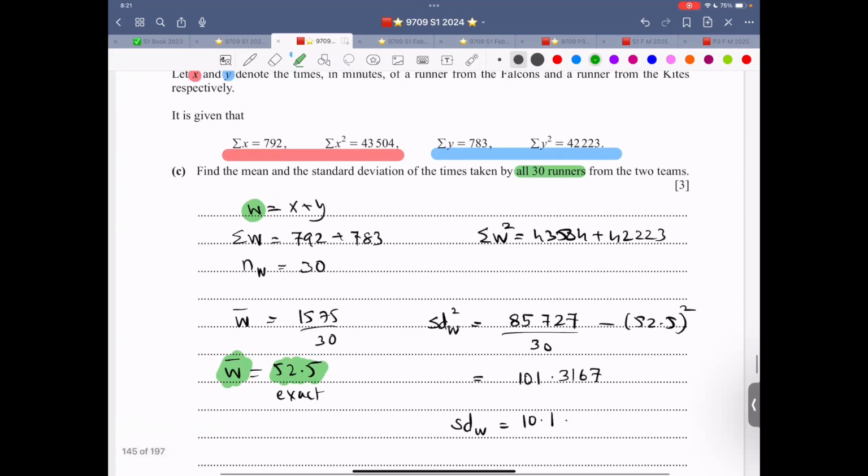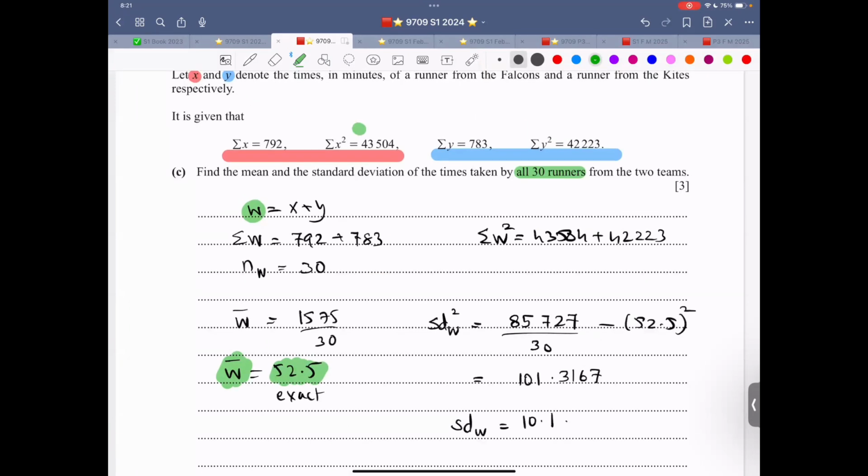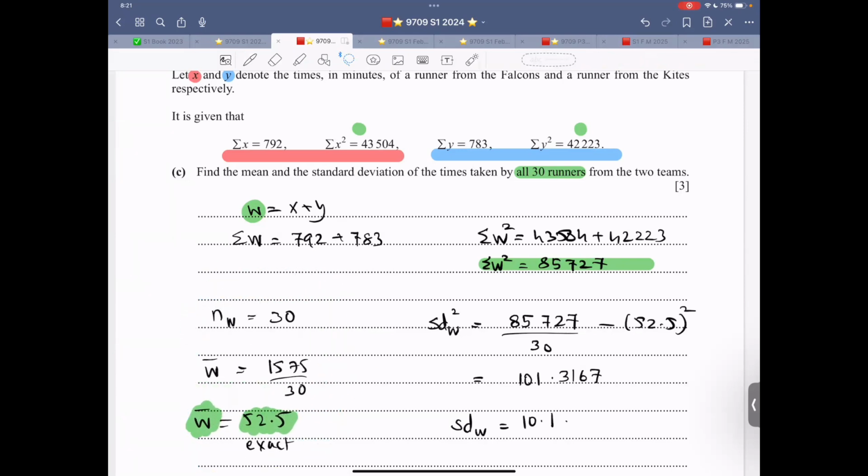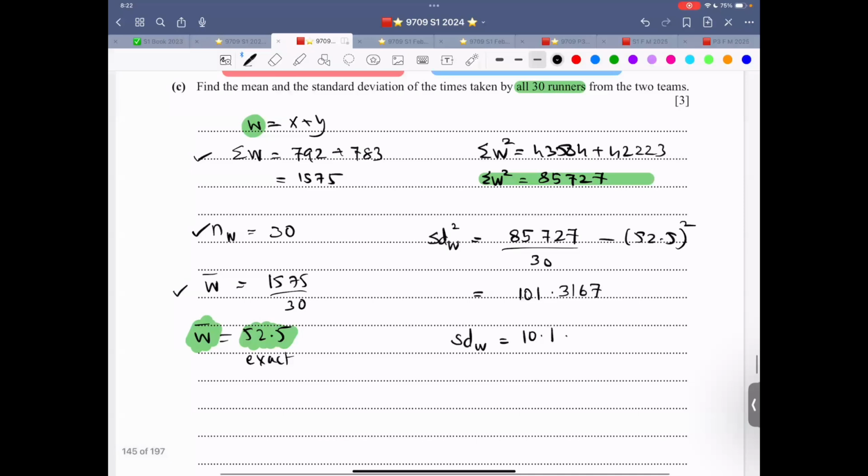And sigma W square is just adding this plus this, and that is over here. So let me write over here, that is sigma W square, that is 85727. And sigma W was, let me just shift this down a bit, sigma W is 1575. So we use this and this, we find W bar. We use the whole formula, sigma W square.